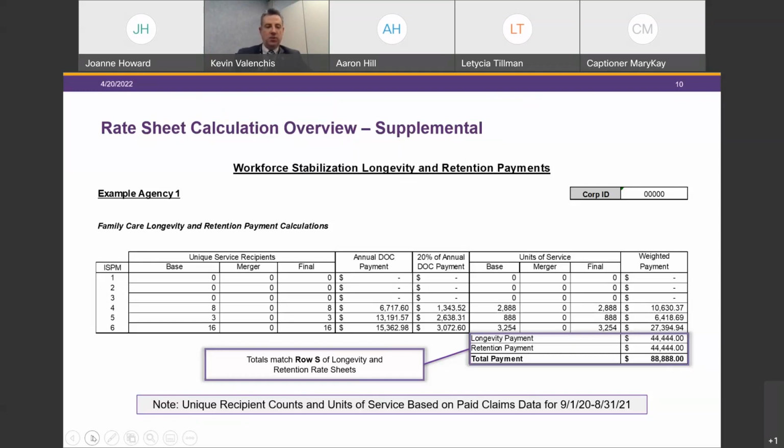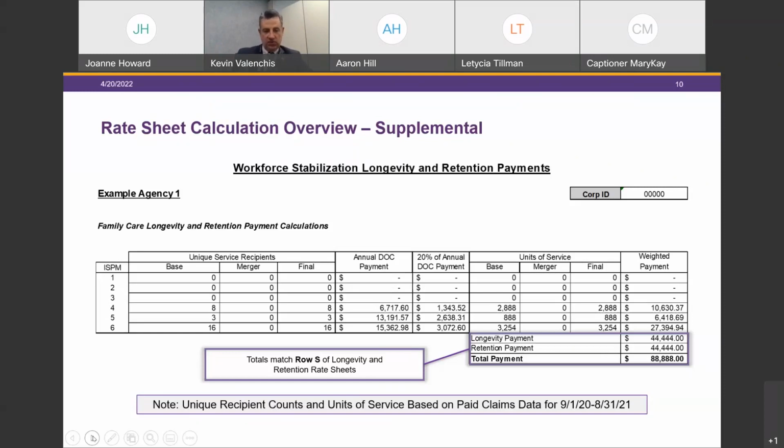So what we tried to do was look at billed data, okay? And there's the note down at the bottom of this slide that clearly indicates that we looked at paid claims through Medney for the period of September 1, 2020 through 8/31/2021. Now, that'll be the same period we'll talk about going into the subsequent discussion on the self-directed, self-hired, but we were looking at actual utilization to make these payments.